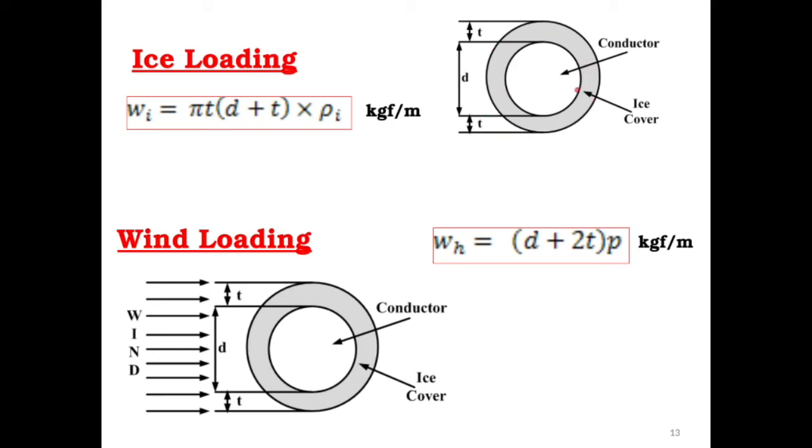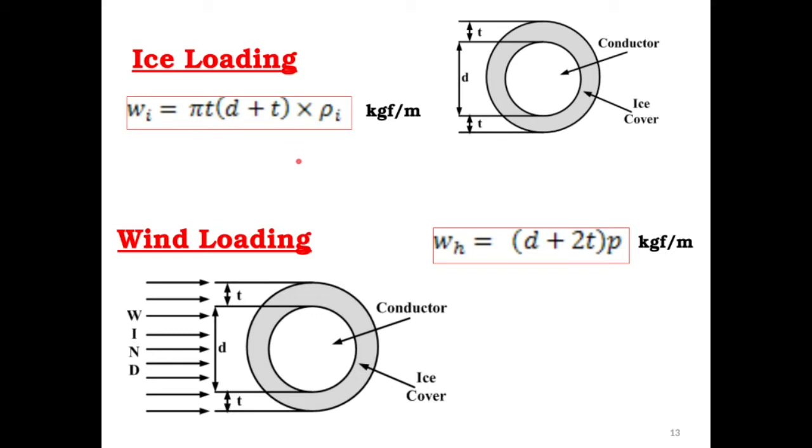If that happens, then we get the equation of weight of ice loading, which is indicated by Wi, meaning weight due to ice cover or ice loading, where i is for ice. The equation is pi times t times (d plus t) times rho i.